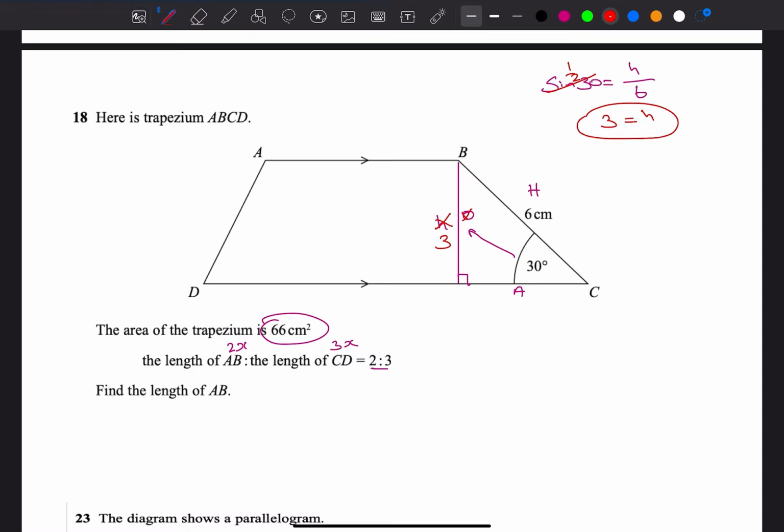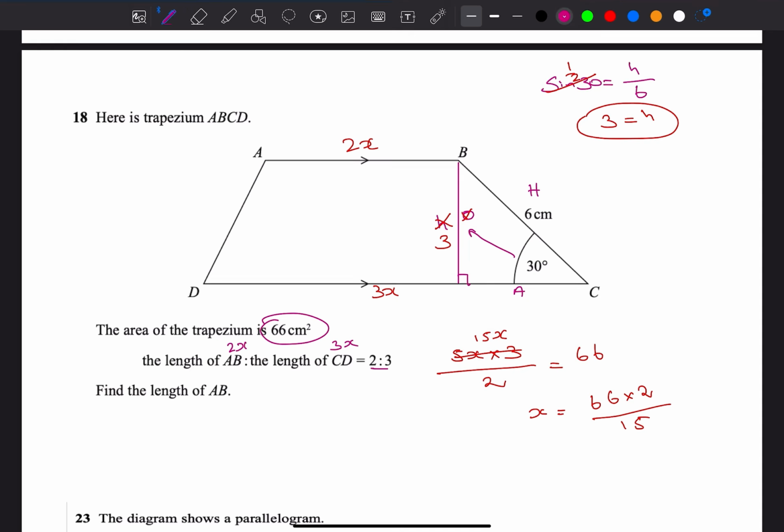Area of trapezium: AB is 2x, CD is 3x. You add the parallel sides, which makes it 5x, times the height 3 divided by 2 equals the area 66. That's 15x over 2, remember. So what is x? 66 times 2 divided by 15.